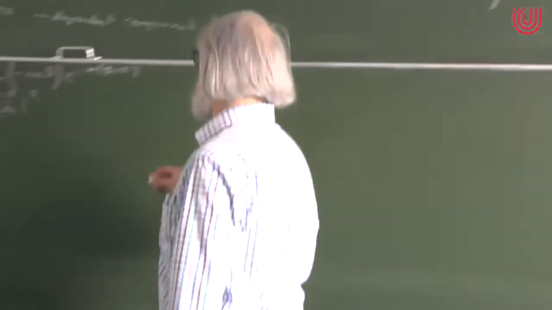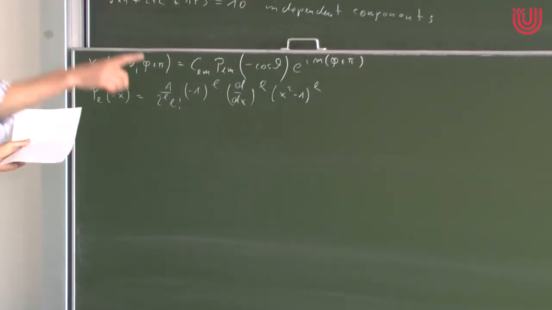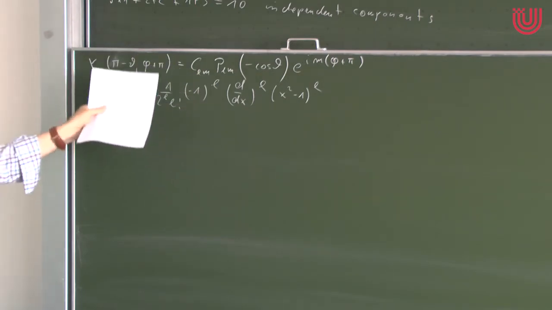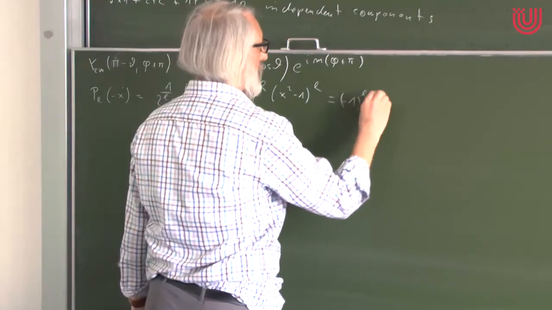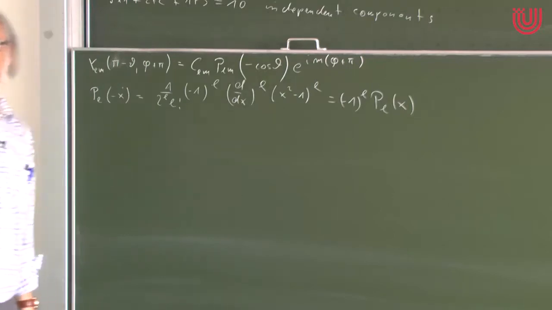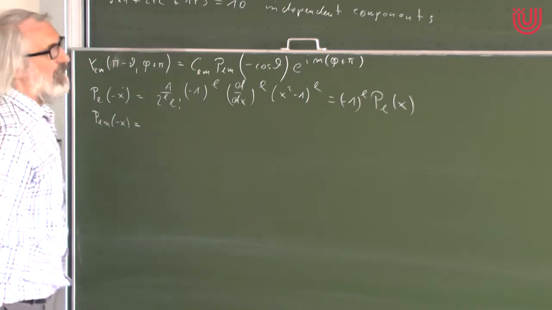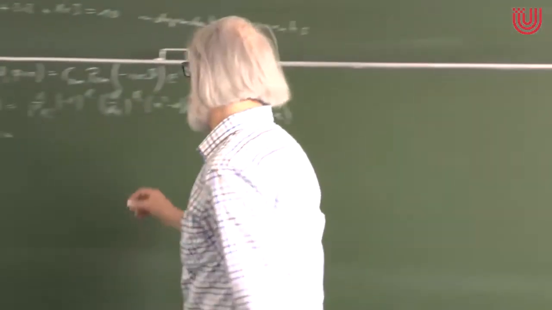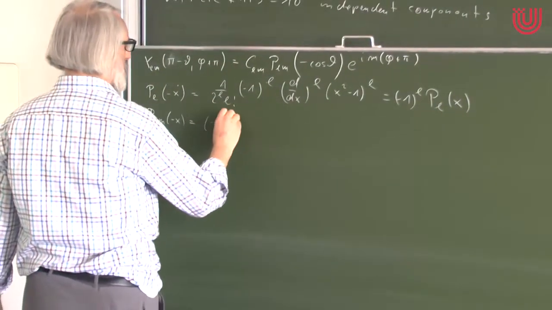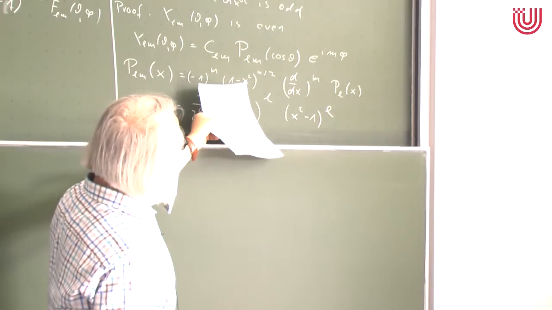So it's (x squared minus 1) to the power L. So if I now compare this with P_L of x, then I see that the only difference is this term, (-1) to the power L. So this is (-1)^L P_L of plus x. And this means that P_LM of minus x is (-1) to the m. And here, if I replace x by minus x, nothing changes because it's squared, 1 minus x squared.